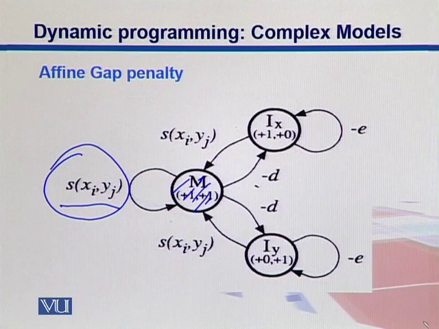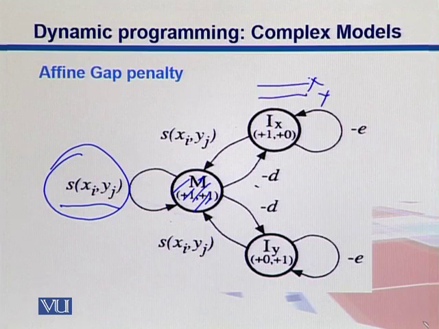Sometimes we get an insertion. Say, for example, x is our top strand and y is our bottom strand. Here we can observe an insertion on x. We have a symbol on x, but a gap on y. In that case, from this match state with the penalty minus d, which is the gap opening penalty, the system moves to this situation where we have Ix, an insertion over x and a gap over y.